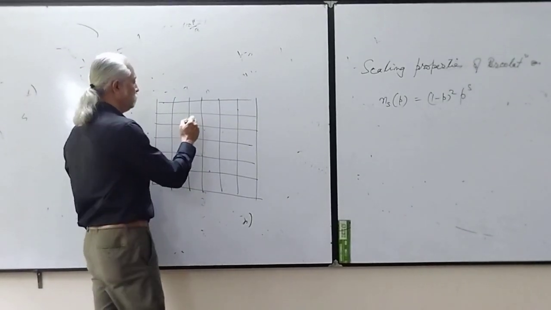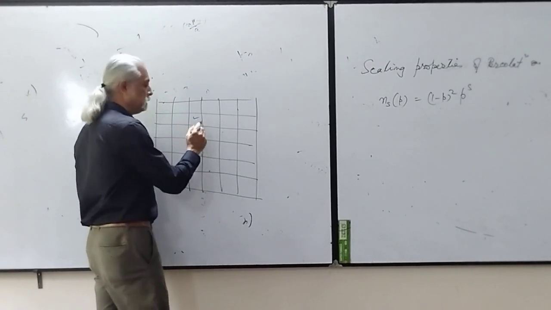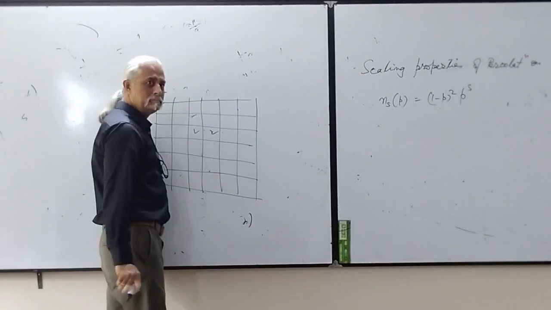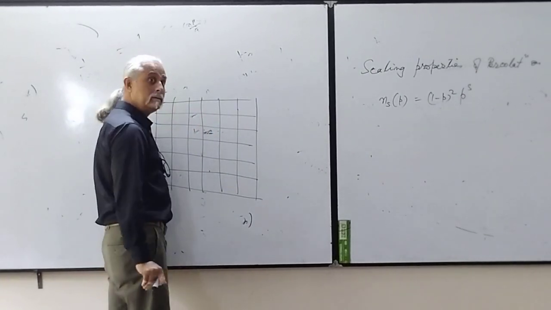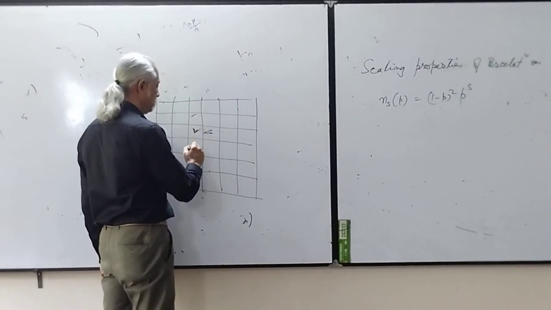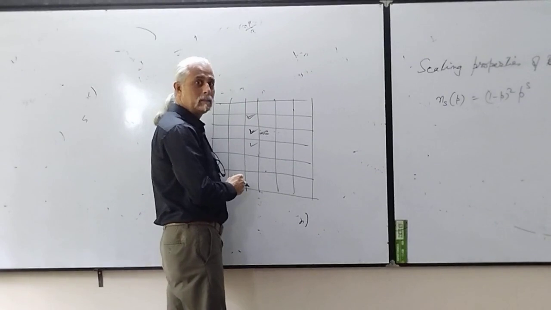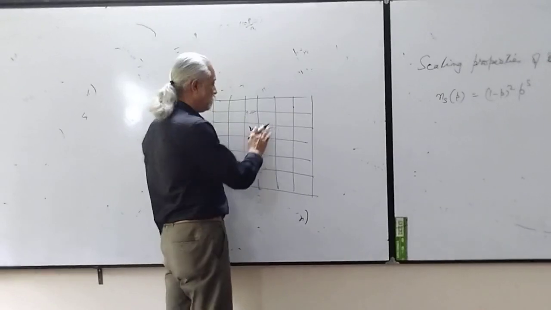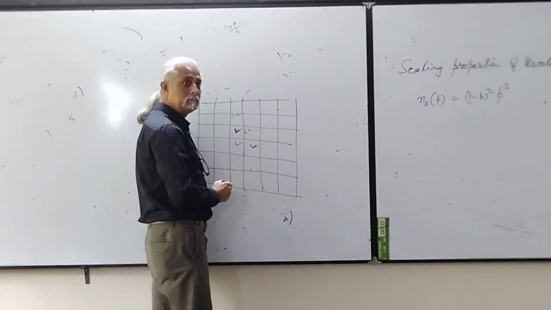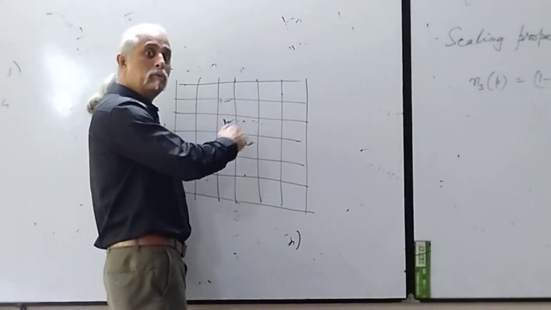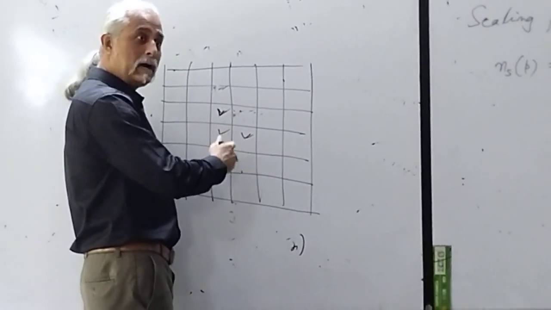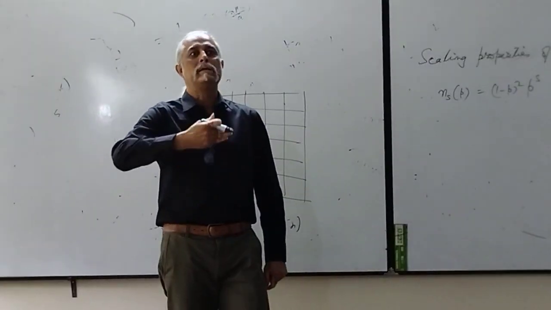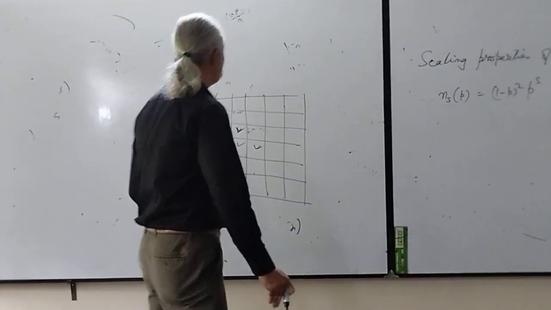Size 2 can be two sites occupied, one vertical or horizontal. Cluster of size 3 could be arranged in several ways. Size 4 can be even more different ways. 5, 6, as you increase the number, complexity comes into the picture. There are so many different ways.